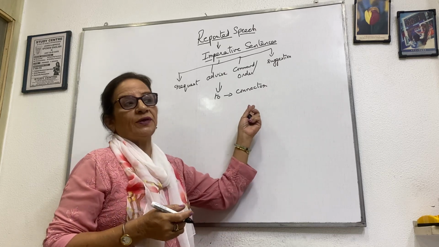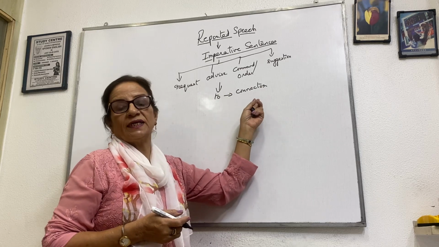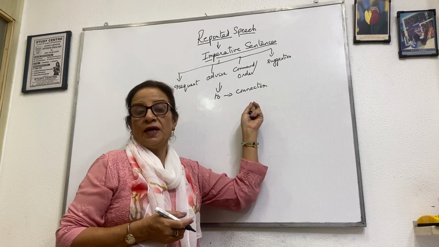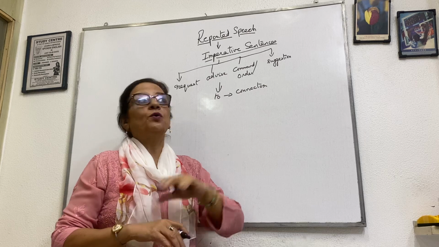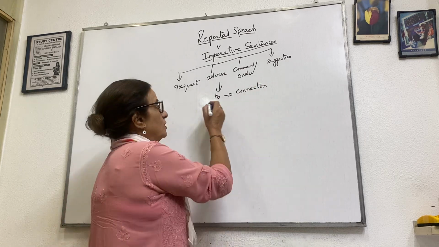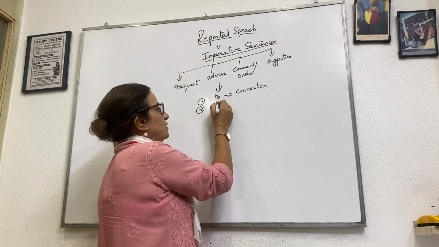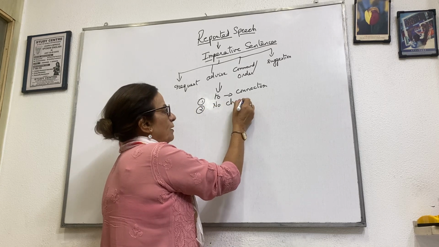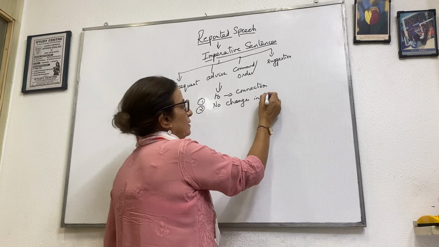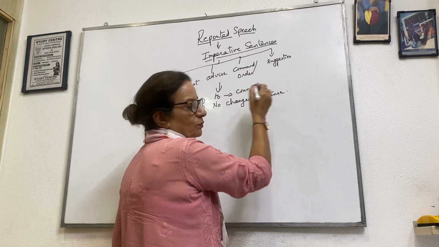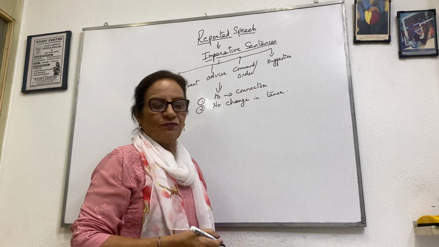Here, in the imperative sentences, the connector is to. And here there is no change of tense. First, you have to add to as a connector, and second, no change in tense. As it is, we write it down.